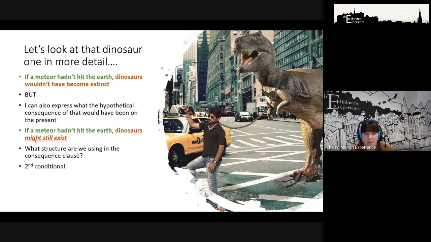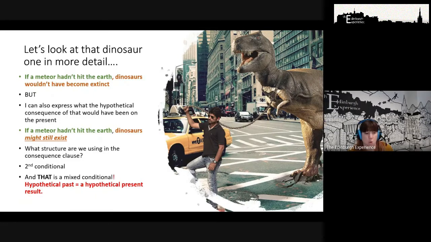I could change might for would: dinosaurs would still exist. And this is what is a mixed conditional. It's a hypothetical past, and if you have a hypothetical past, that means logically that if you talk about the present, it'll be a hypothetical present result or consequence.